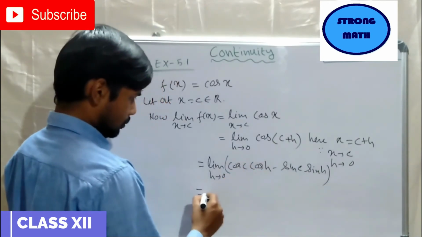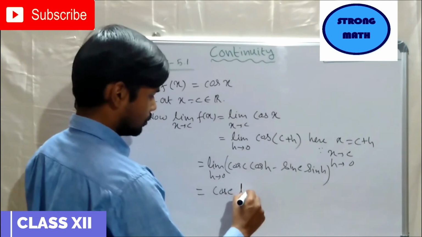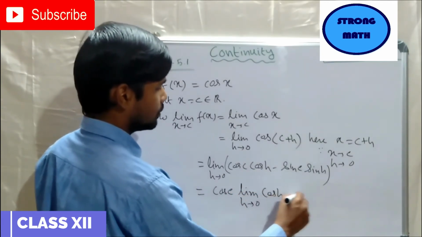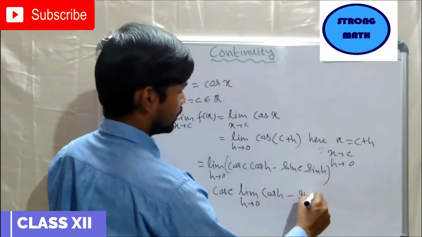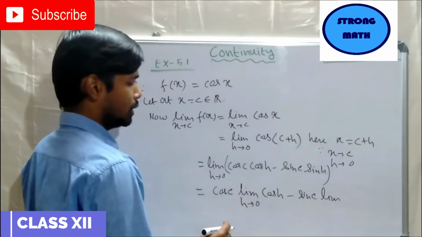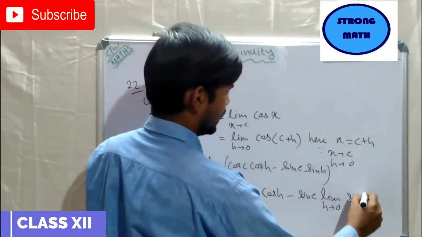Taking cos c outside, limit h tends to 0 of cos h, minus, taking sin c outside, as sin c and cos c are independent of h, limit h tends to 0 of sin h.